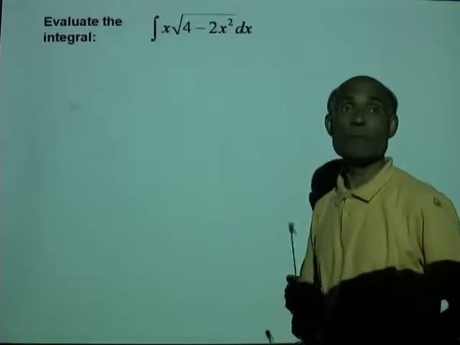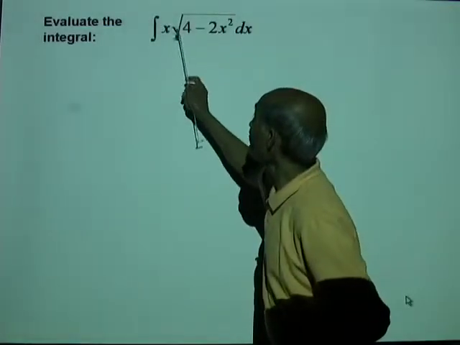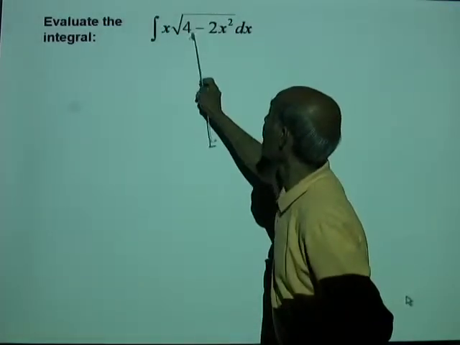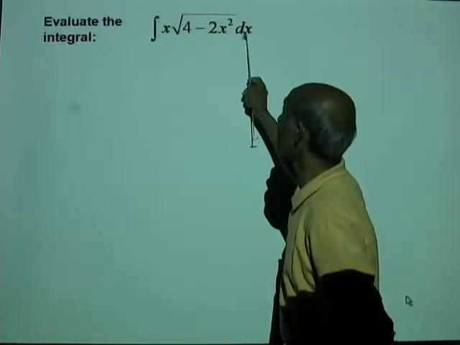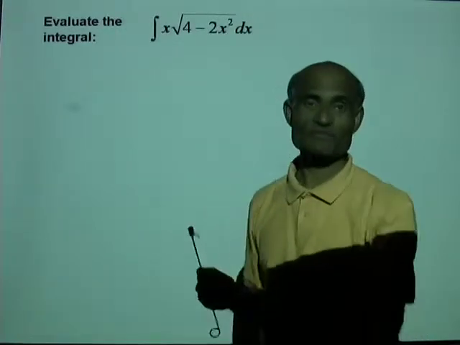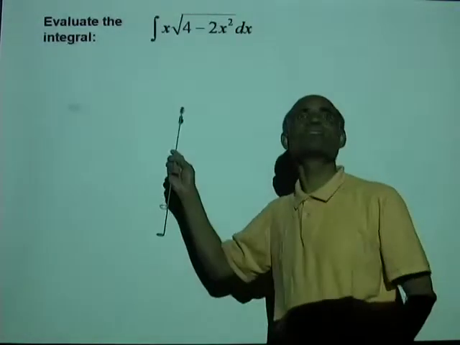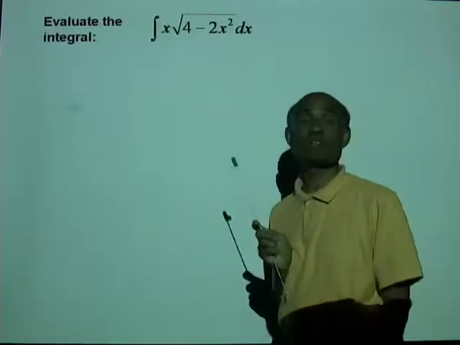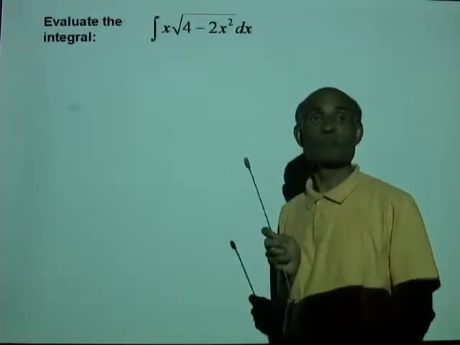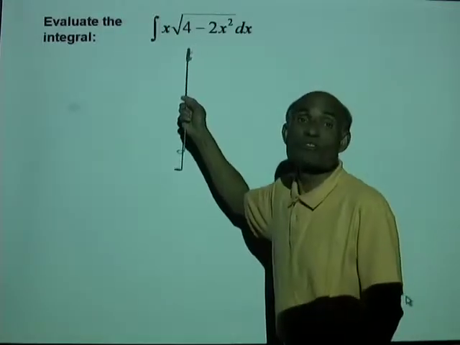Another one. Evaluate the integral, integral x square root of 4 minus 2x squared dx. Well, that's a very simple one actually. We have done integrals like this before. Now, what is it that makes it simple?